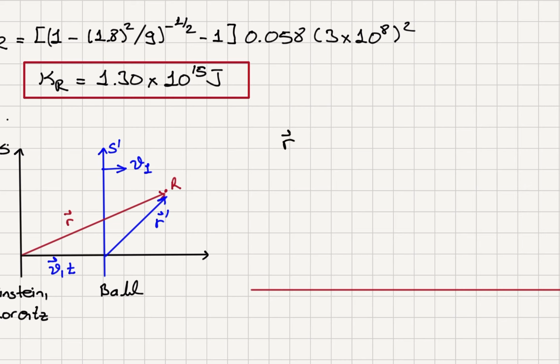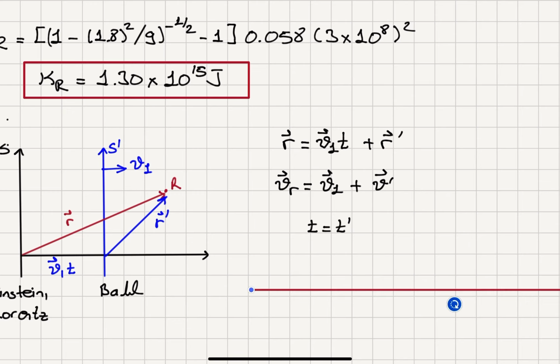The R vector, the position of the rabbit reported by the S reference frame, is v1 t, the relative velocity of the ball with respect to the S frame times t, plus r prime, the position reported by the ball reference frame. If I take a derivative, the velocity according to the S reference frame for the rabbit is v1 plus v prime. And why is that? Because the time is the same measured in two reference frames.